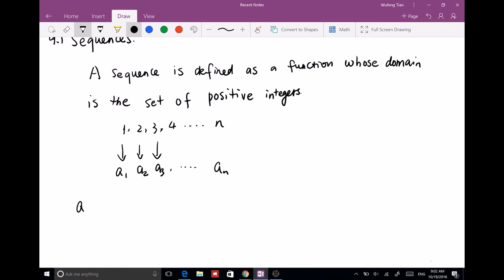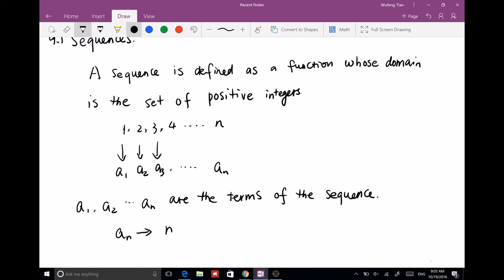We call a1, a2, an the terms of the sequence. So an is going to be the nth term.